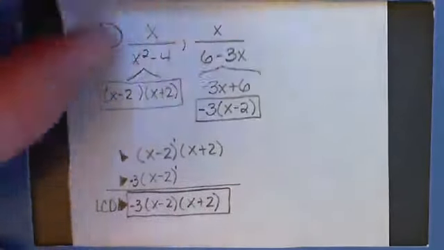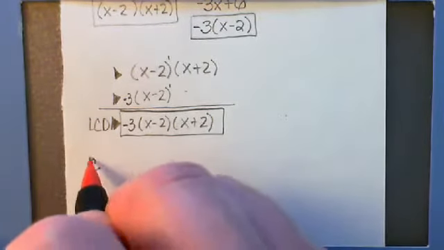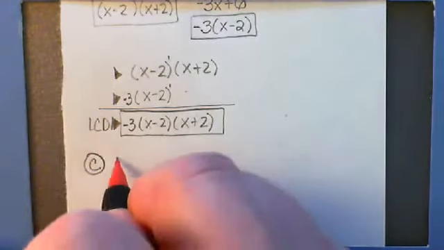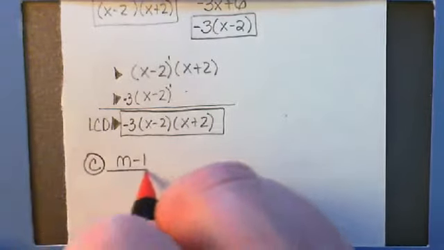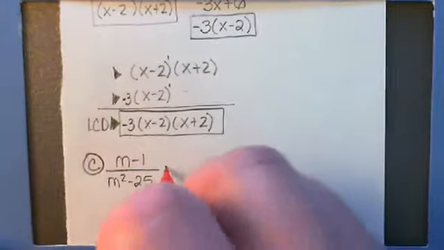Alright, let's continue on to the next problem. So let me move on the paper here. And let's do letter C. Okay, letter C is going to be m minus 1 over m squared minus 25.